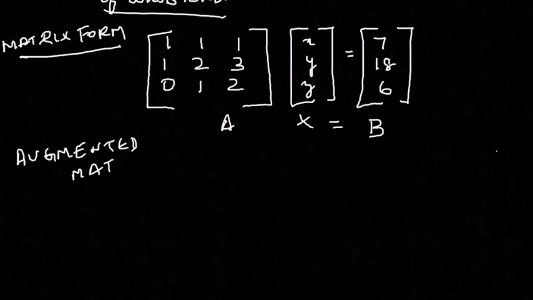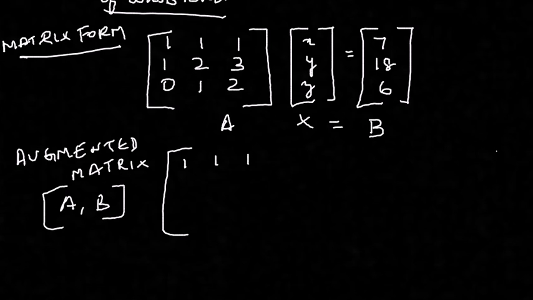By now you must know what an augmented matrix is. The augmented matrix of A, B is just combining the two matrices together. So I'll write the A matrix first, 0, 1, 2, and then B is 7, 18 and 6.